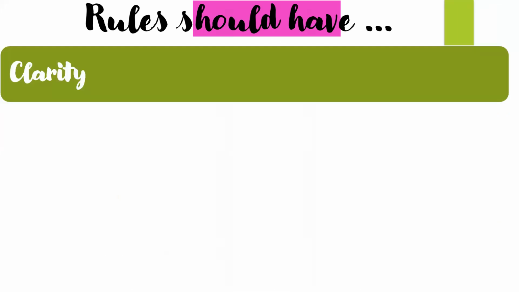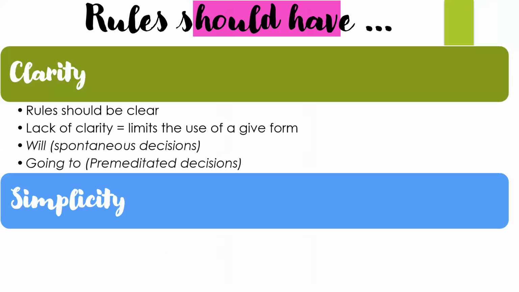Another aspect is clarity. So basically, rules should be clear. Okay. Sometimes when we are not clear as a teacher, you limit the information to the student, and the student is going to have some problems.